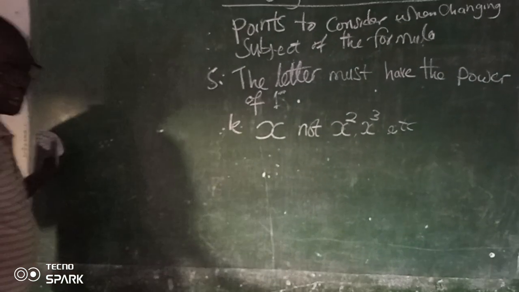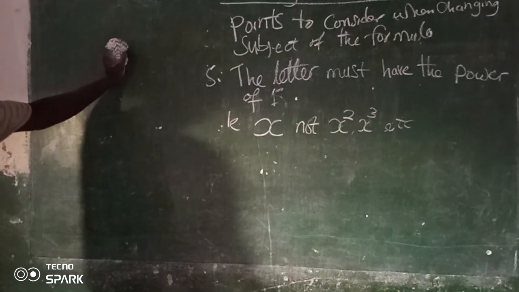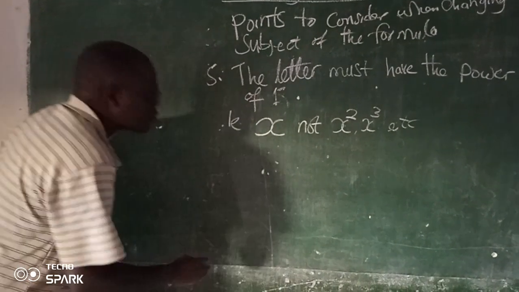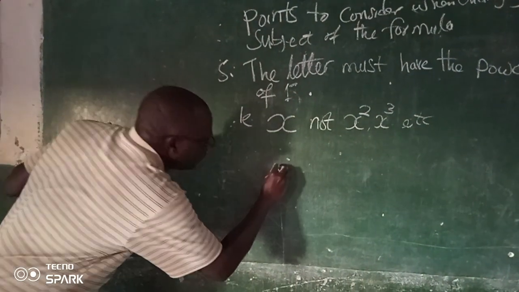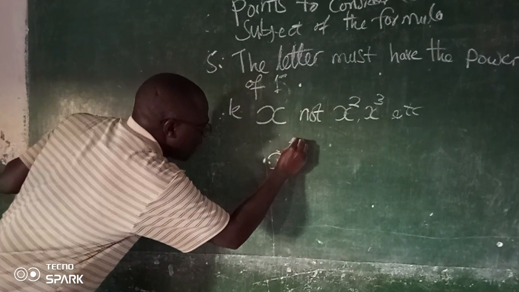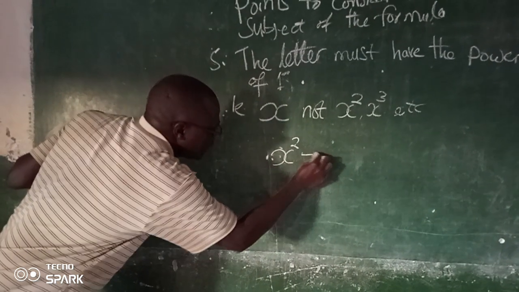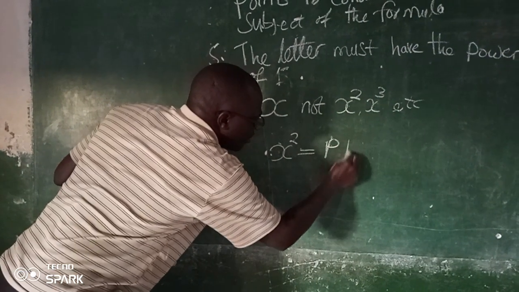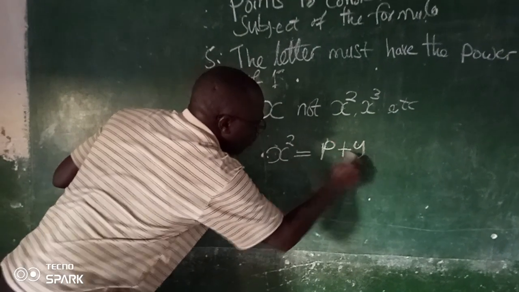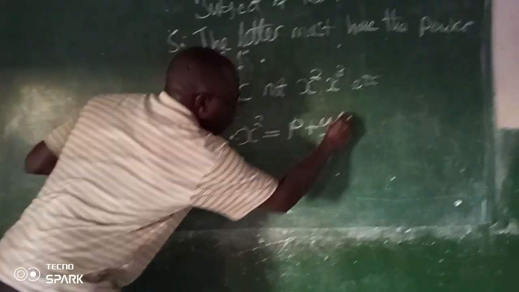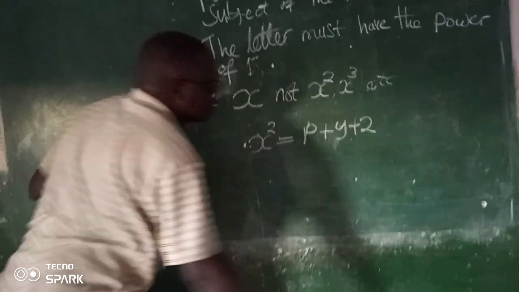Let me give you an example. We have x to the power 2 is equal to p plus y plus 2.